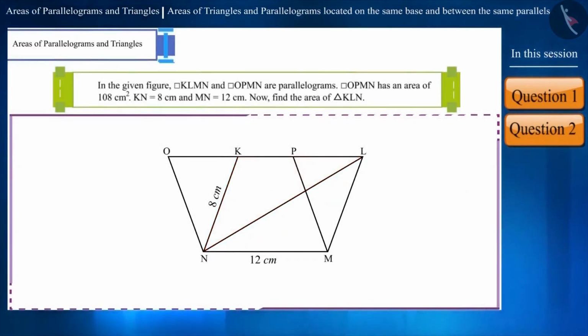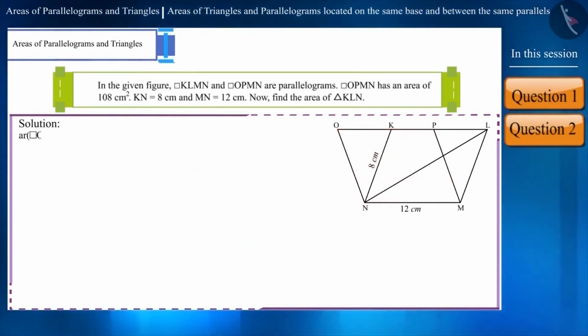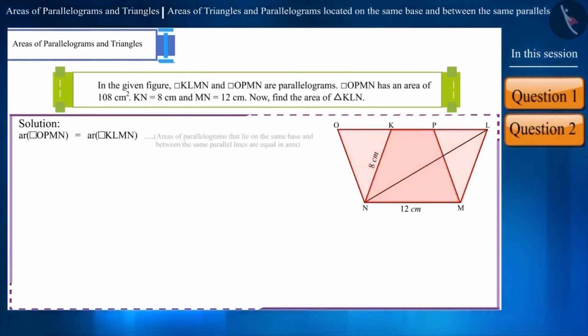In the given figure, parallelogram KLMN and OPMN have the same base, side MN, and they both lie between the same parallel lines OL and MN. Therefore, the area of these two will be equal. The area of parallelogram OPMN is 108 square centimeter.